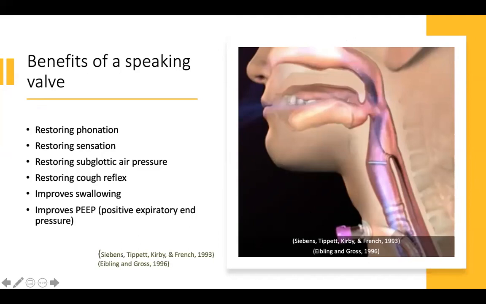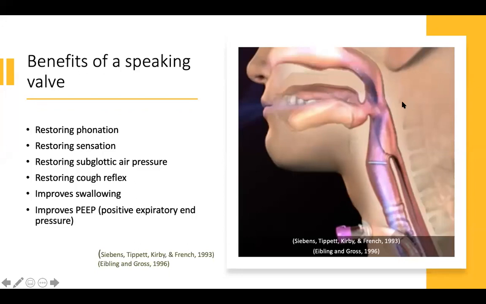You're restoring subglottic air pressure, so the patient is able to phonate and to cough. If the patient is able to cough, they're able to cough up those accumulated secretions. If you restore sensation, the patient has better control over the food they're swallowing and better muscular movement, so it improves swallow and makes it safer.